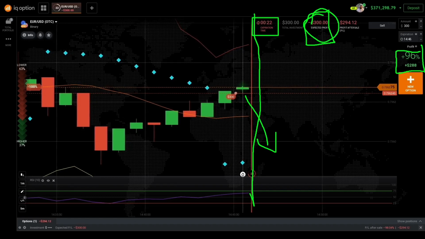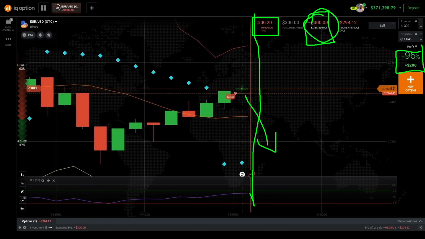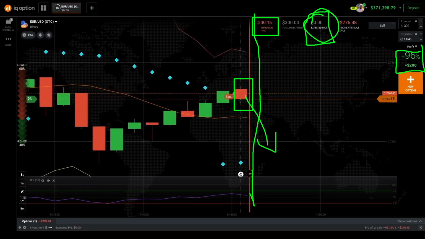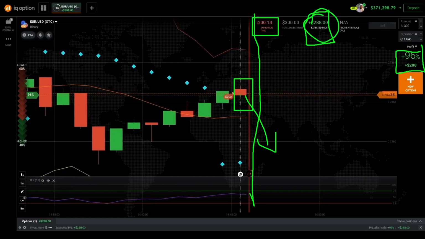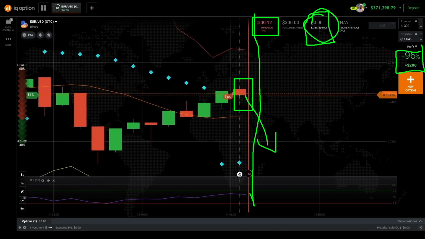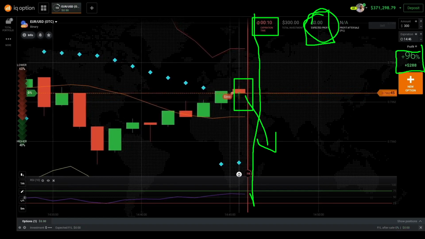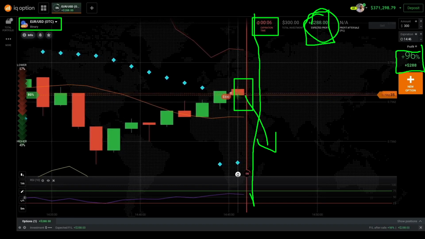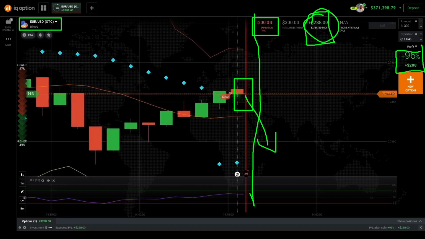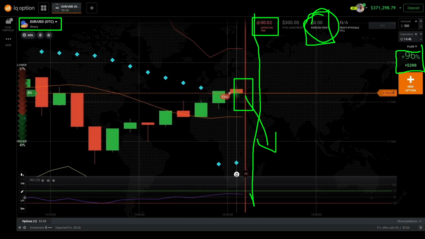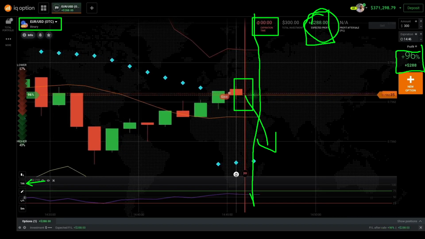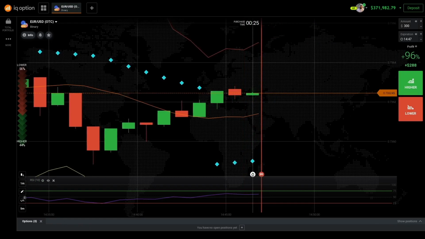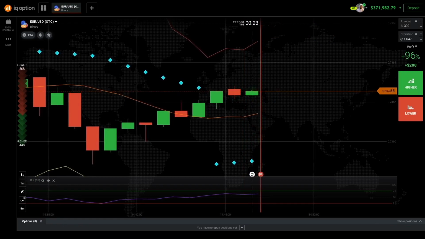In this case, I still have 20 seconds. So let's see what direction the market is taking and what color the candle is going to be. I'm trading on EURUSD OTC binary with the 1 minute candlestick chart. Yeah, I won.